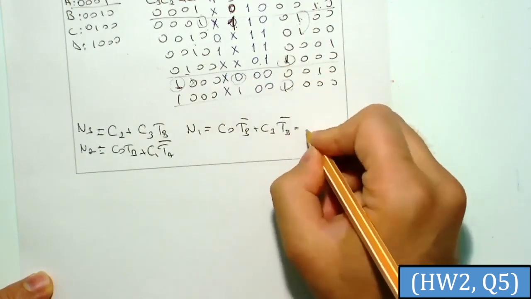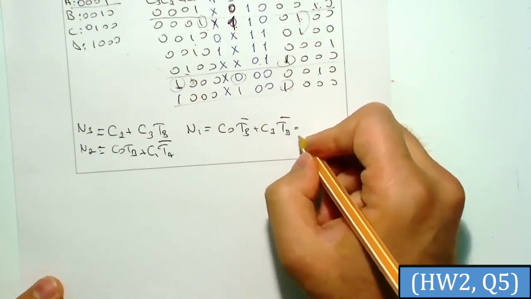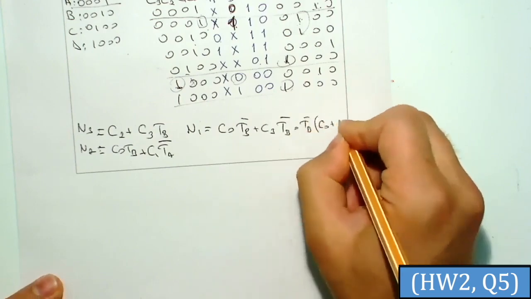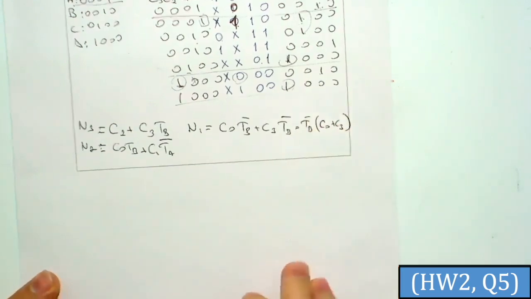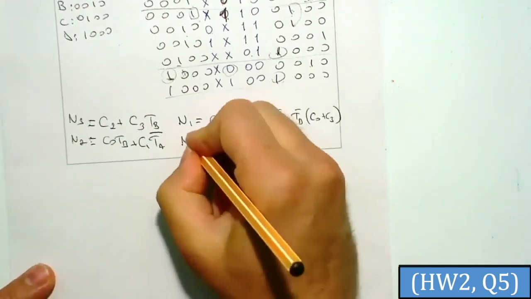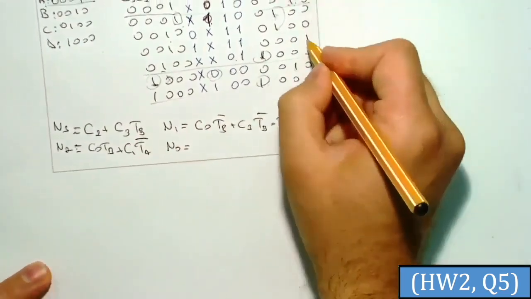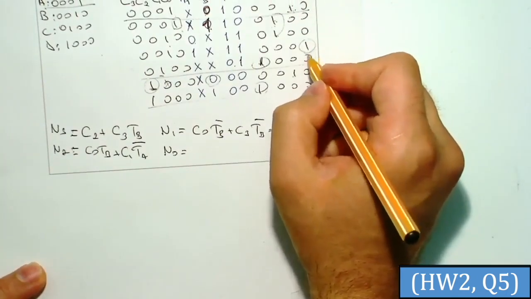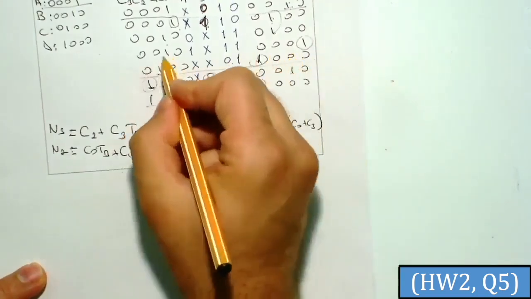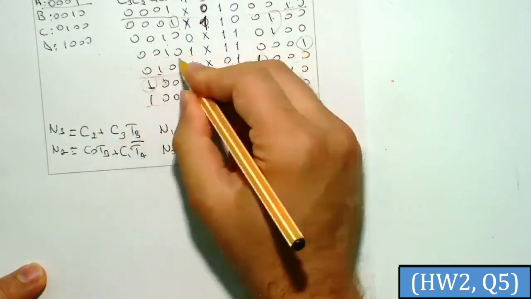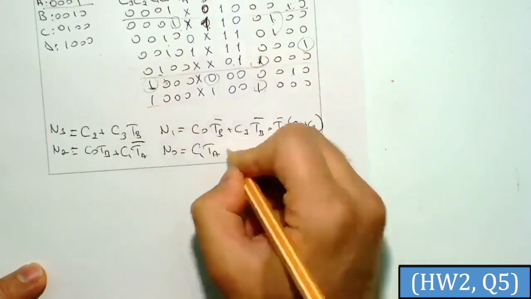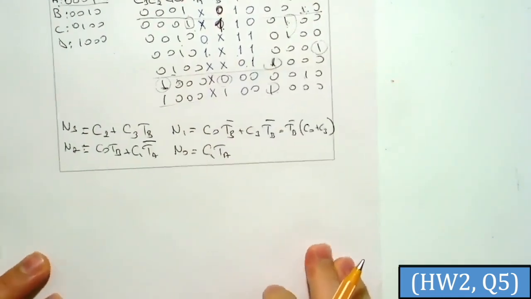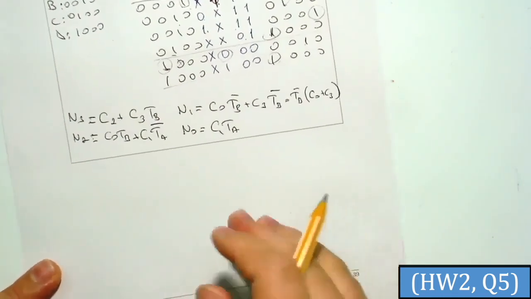So this should be simplified as, if I'm correct, yeah, TB not, C0 or C3, right? Okay. Yeah, for the next N0, I have 1 here, and that's it, I guess. This means that C1 is 1 and also TA is 1, right? Yes. Okay. So these are the next state logic, the equations for the next states.